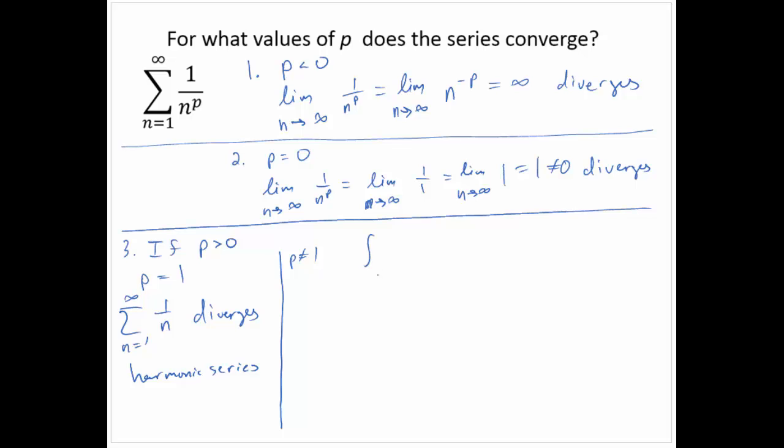Let's apply the limit, with t approaching infinity, of the integral from 1 to t of 1 over x to the p dx. That's the same as x to the negative p. So that would be the limit as t approaches infinity of x to the negative p plus 1 over negative p plus 1, evaluated from 1 to t.